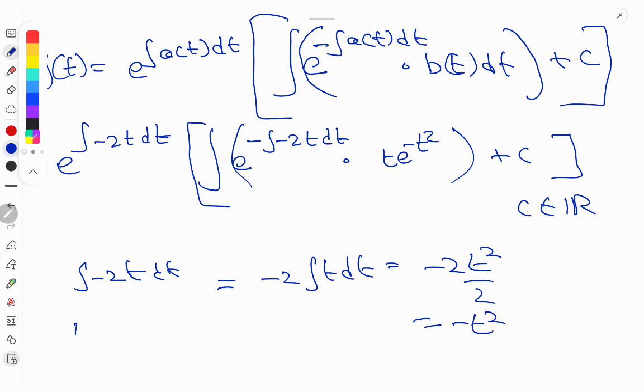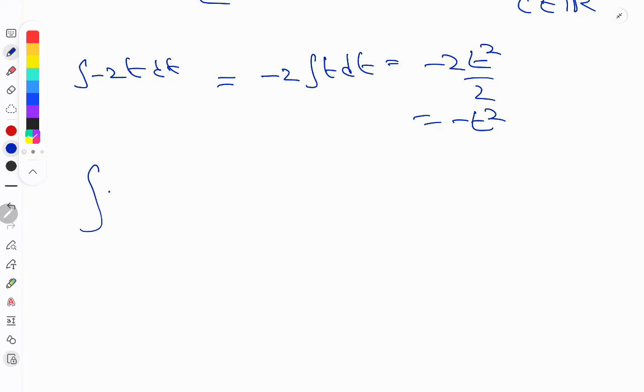Do you know this? If you have t to the power 1 and you want to do the integration, it will be t to the power 1 plus 1 divided by 1 plus 1 plus c. In general, the integration of x to the power n will be x to the power n plus 1 divided by n plus 1 plus c.